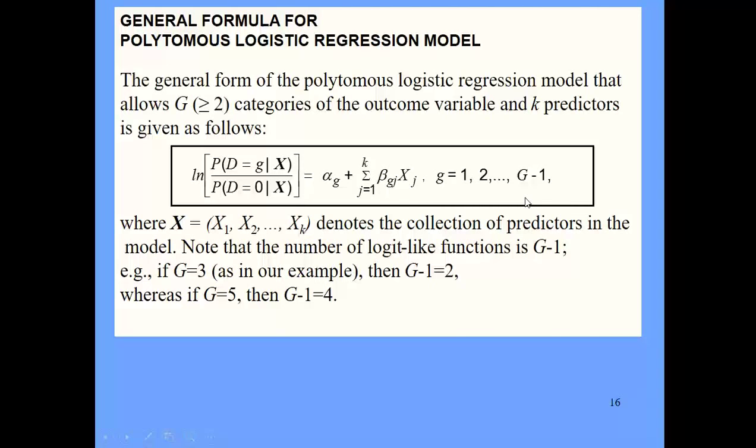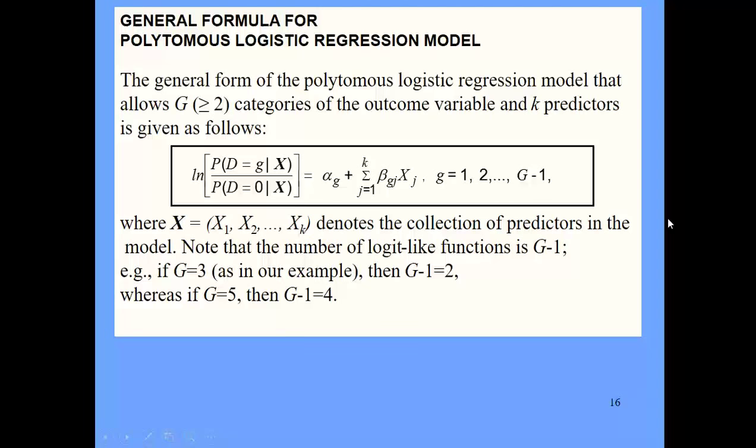So if you have three categories of the outcome, then you're going to have G minus 1 equations to look at, and each equation is comparing one of the categories with the referent group.